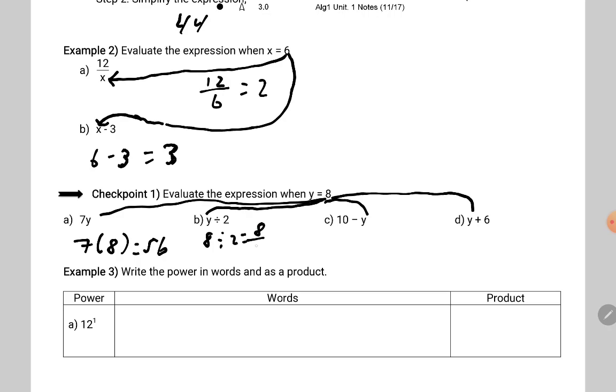You can also write it like this, 8 divided by 2. 2 goes into 8 4 times. 10 minus 8, that's 2. Sorry, I'm using 10. Sorry. 10 minus 8 is 2. 8 plus 6 is 14.